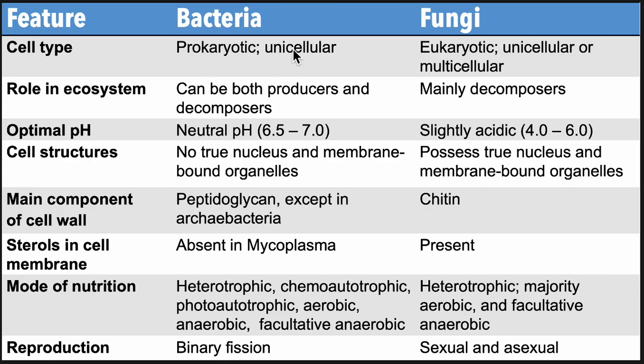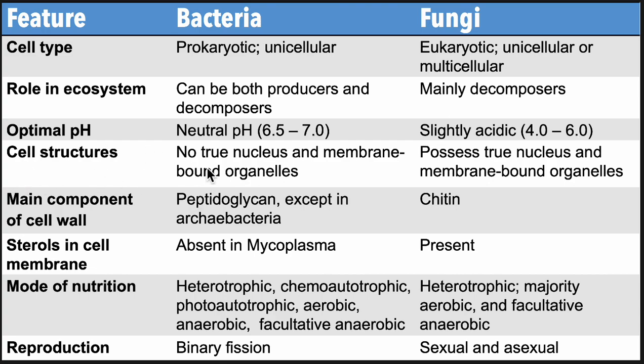Again, cell type: prokaryotic, unicellular for bacteria; eukaryotic, unicellular or multicellular for fungi. For roles in the ecosystem, bacteria can be both producers and decomposers, but fungi are saprobes, so they are mainly decomposers. Optimal pH: neutral for bacteria, slightly acidic for fungi, 4.0 to 6.